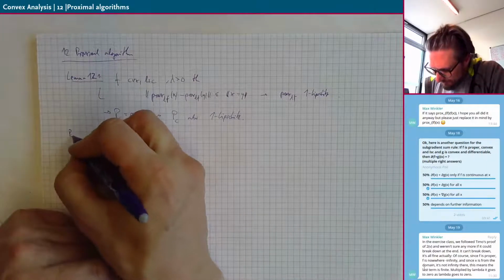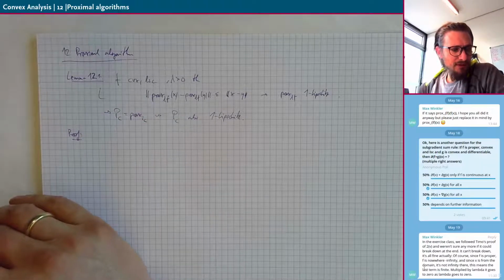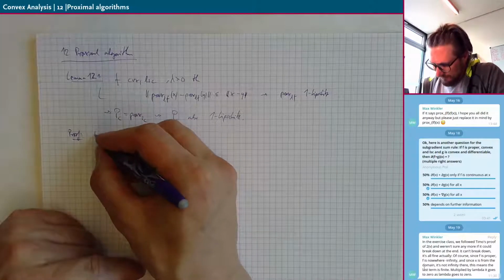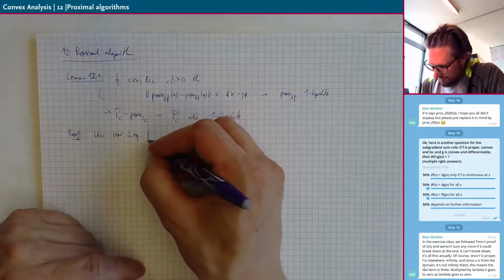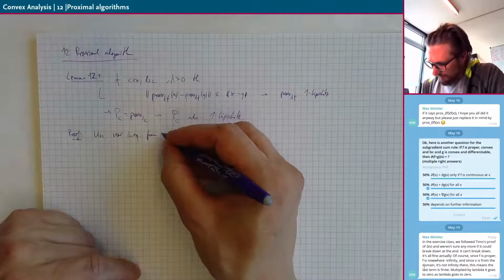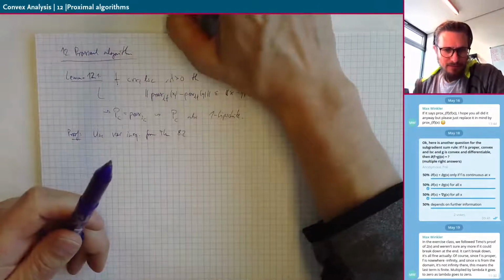Okay, so let's prove it. It's actually not that hard. What we use is the variational inequality from theorem 82, and let me just recall it here.